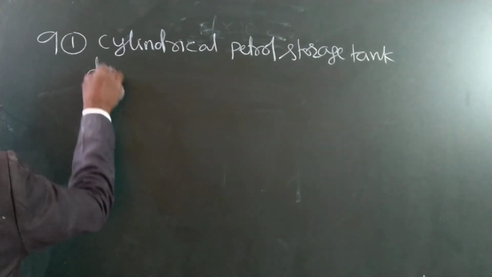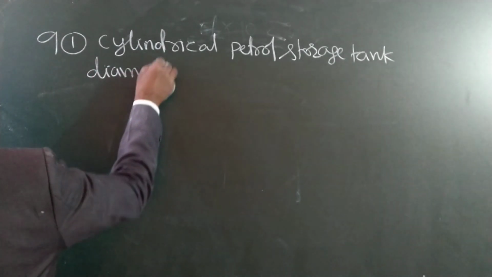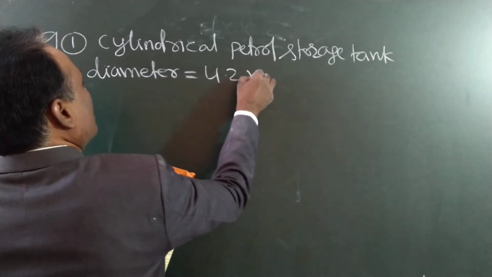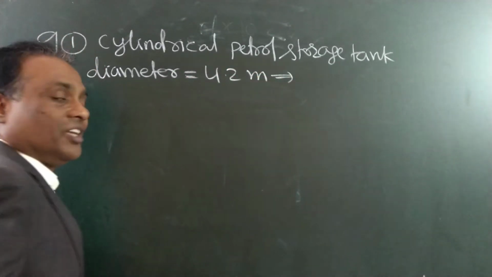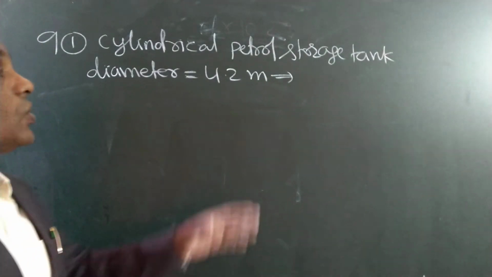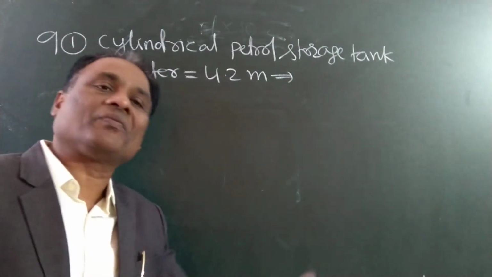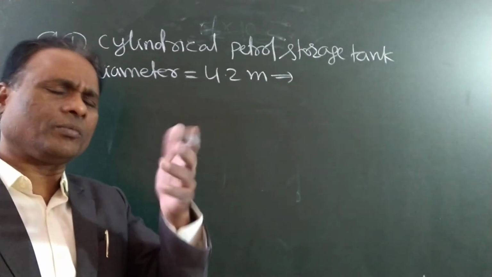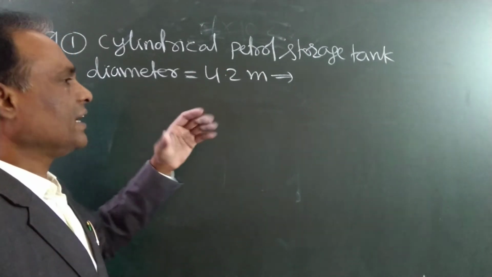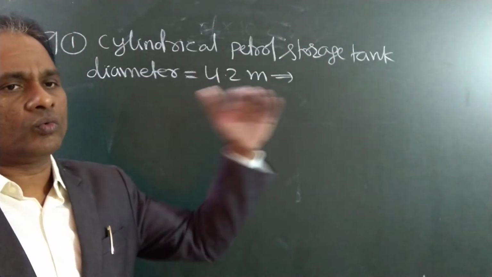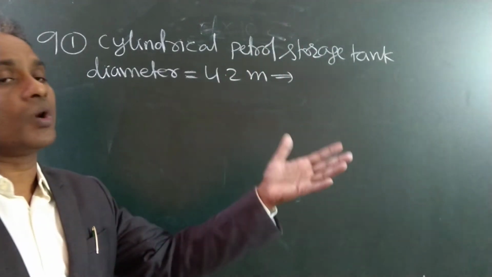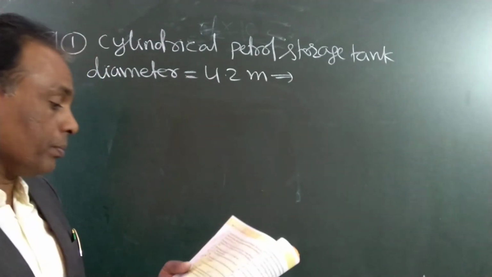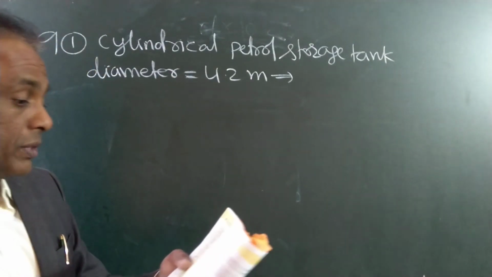Diameter is equal to 4.2 meters. Storage tank is in the shape of a cylinder. Generally storage tanks for petrol will be in the cylindrical shape only. And even vehicles which transport the petrol on road also will be cylindrical shape. So diameter is 4.2 meters.